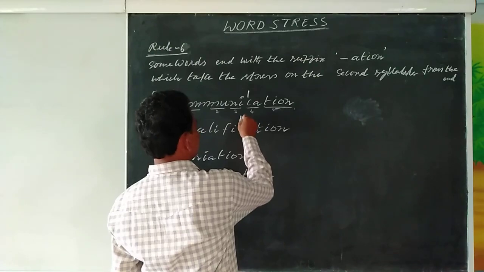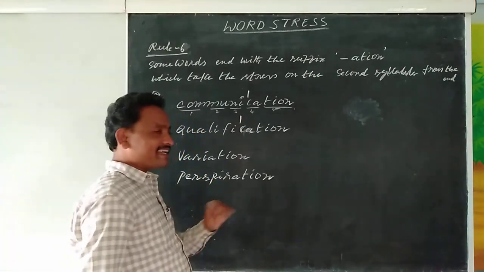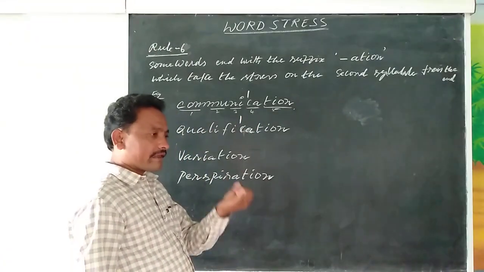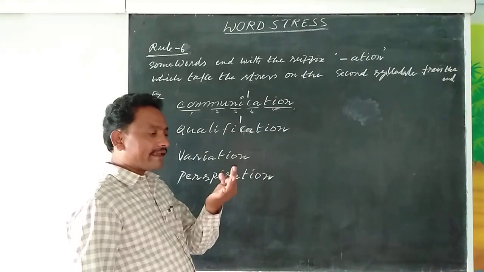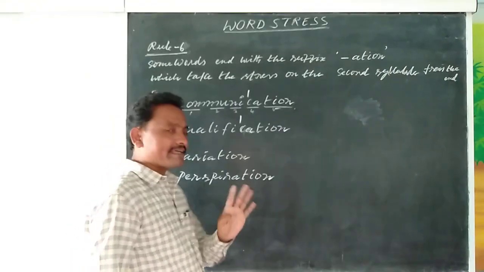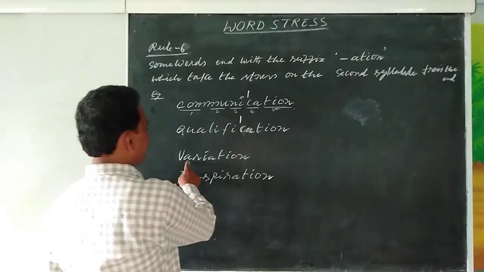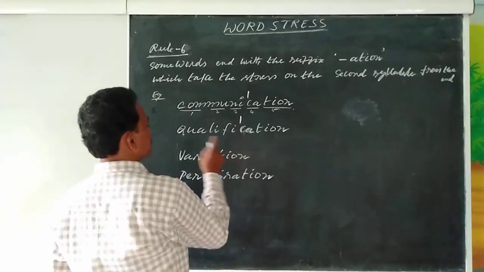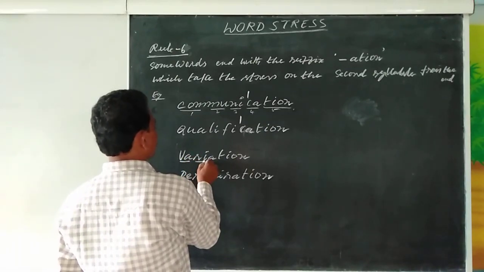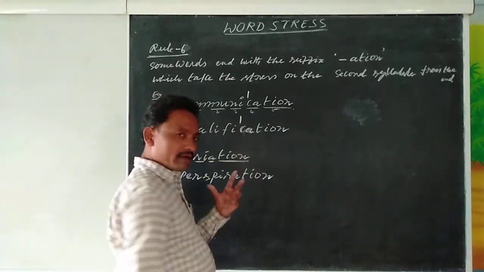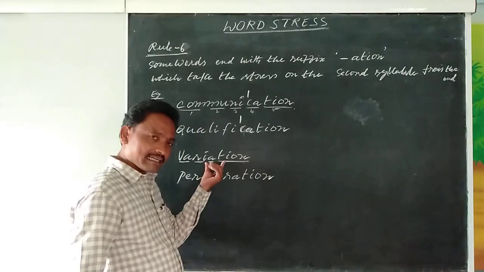Cation. Variation. But in this word variation, 4 syllables only, not 5. Remember this word.